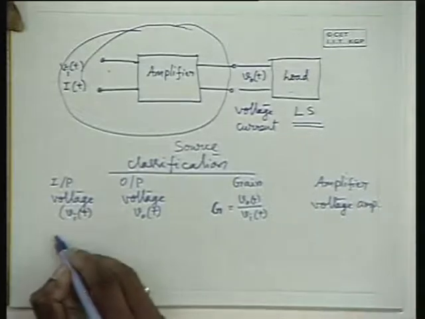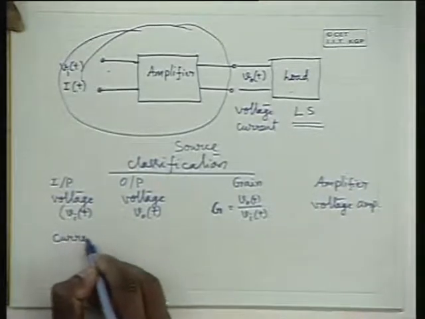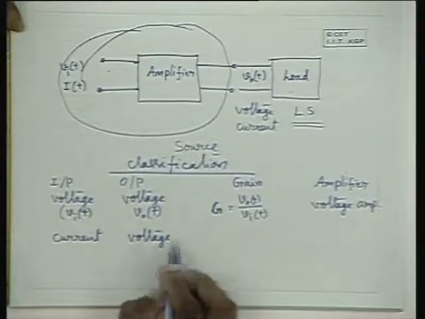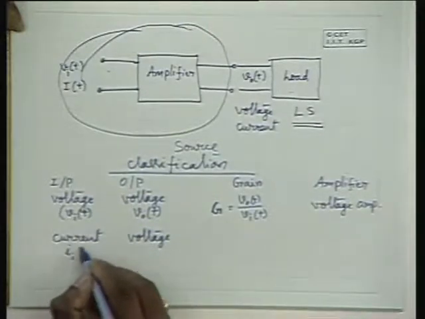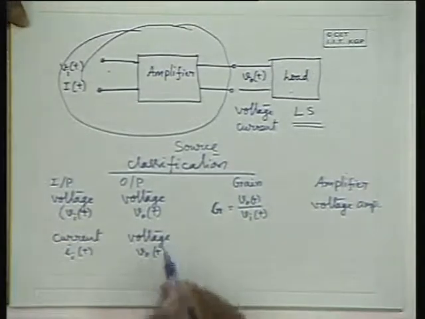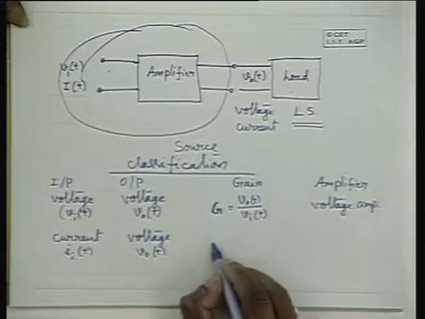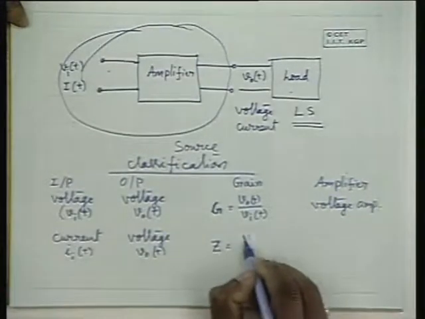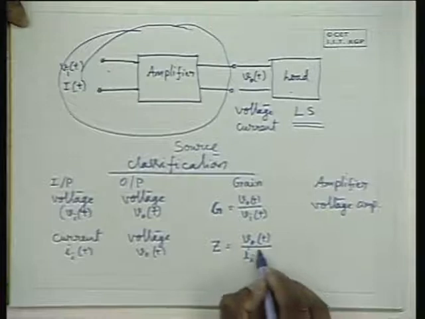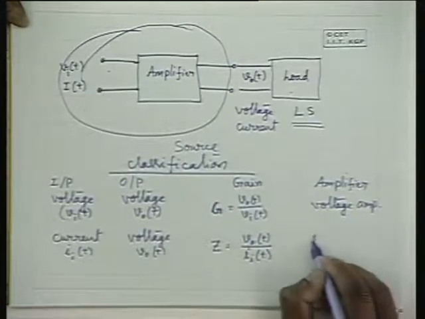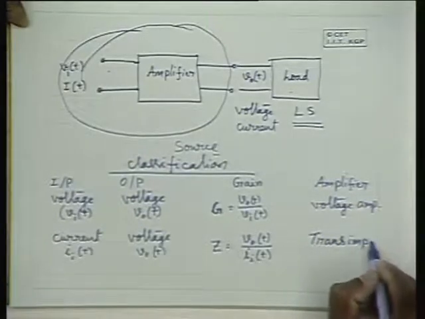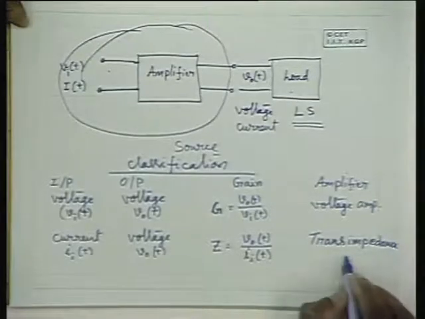Now, if the input is current and the output is voltage, that means this is IIT and this is VOT. The gain, the transfer ratio between the output and input, has units of impedance. In which case it is known as a transimpedance or transresistance amplifier.